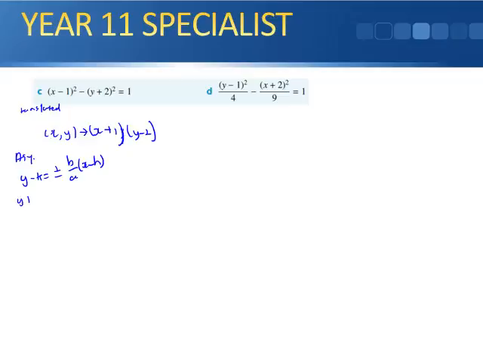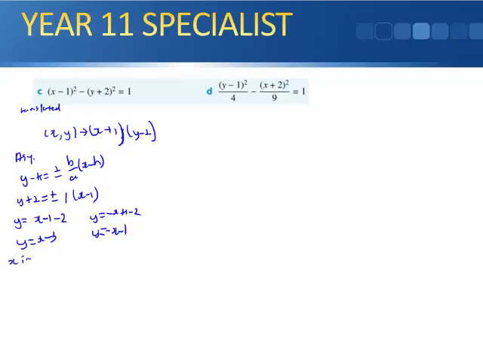In this case, I get y plus 2 equals plus or minus 1 divided by 1 is 1, x minus 1. So I get y equals x minus 1, take away the 2, so y equals x minus 3, and I get y equals negative x plus 1, take away 2, which means I get y equals negative x minus 1.